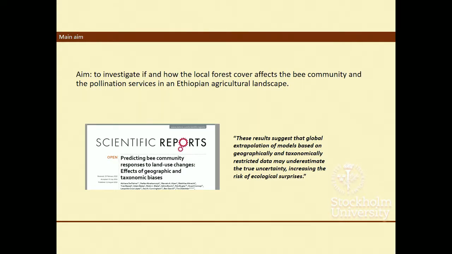Their results suggest that global extrapolation of models based on geographically and taxonomically restricted data may underestimate the true uncertainty, increasing the risk of ecological surprises. This actually means that we need to do research in different regions.